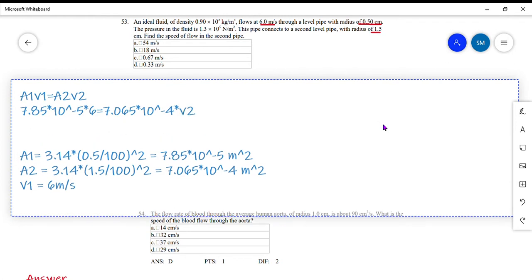After solving this equation manually or by using the calculator, you will find V2 is equal to 0.67 meters per second. So the answer is C.